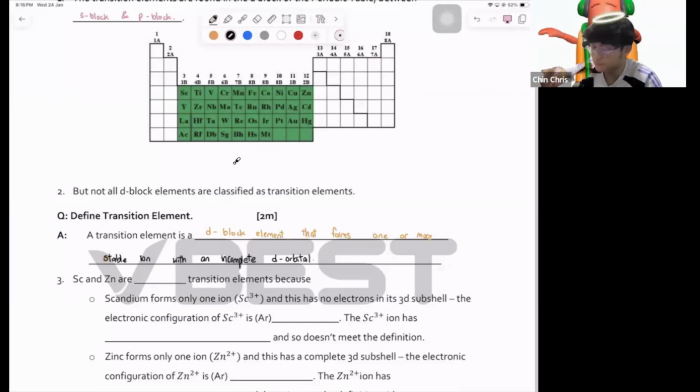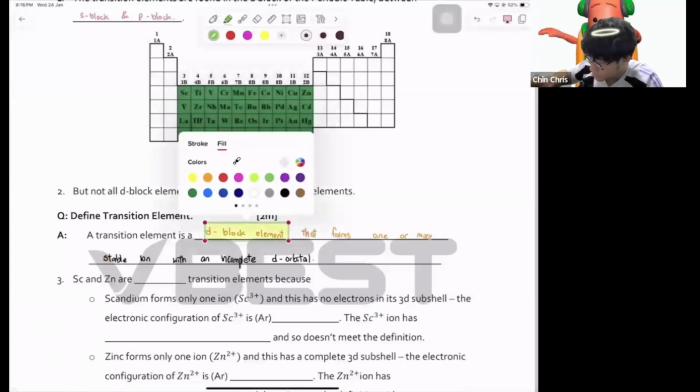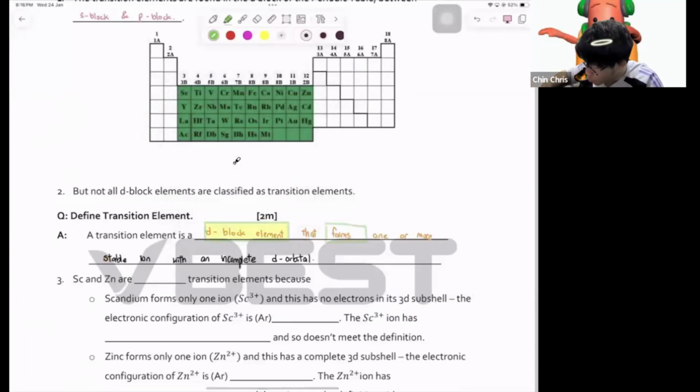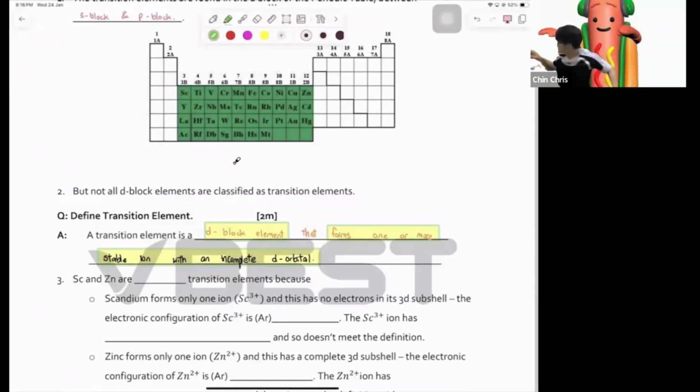Alright, guys, this is the definition. The first criterion: must be a D block element. Second criterion: forms one or more stable ions with incomplete d orbital. Alright, guys, write this down, please.